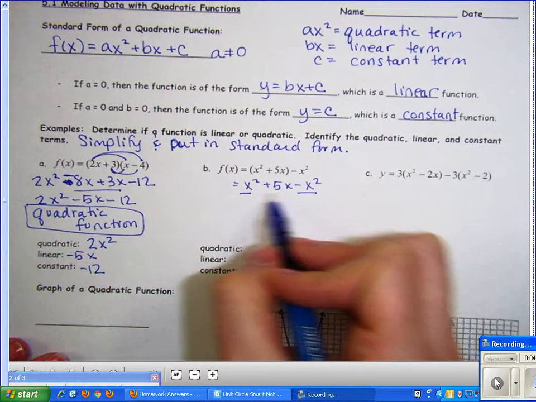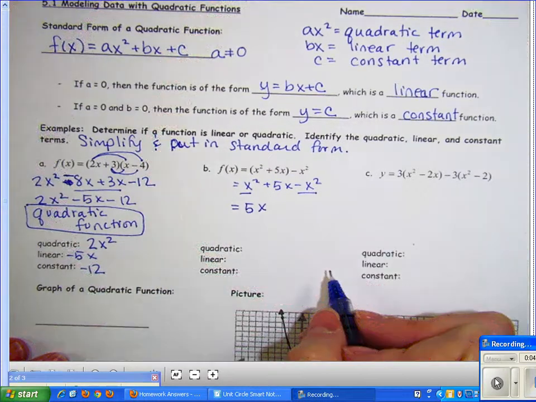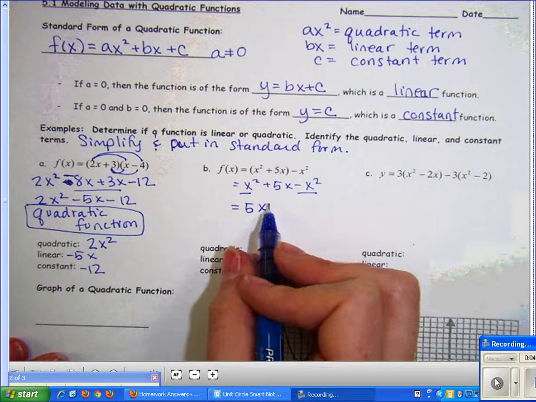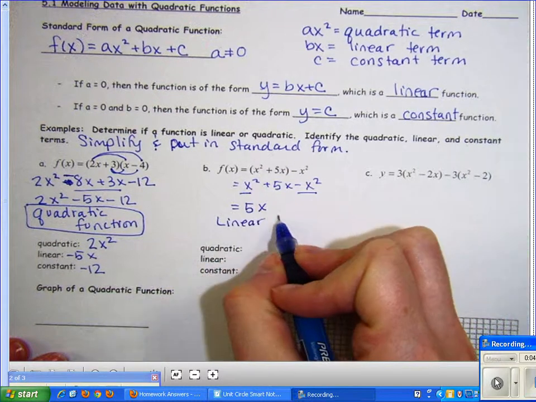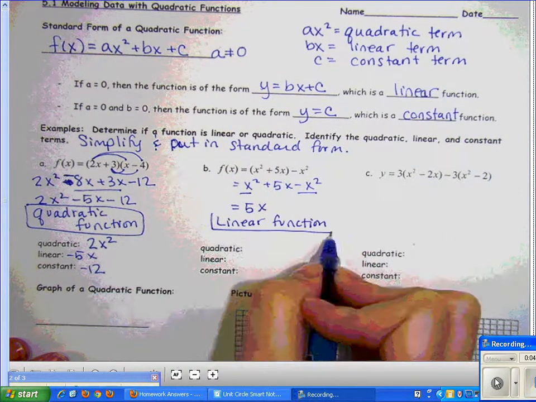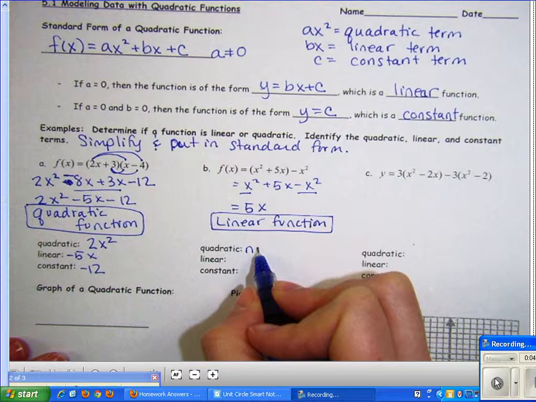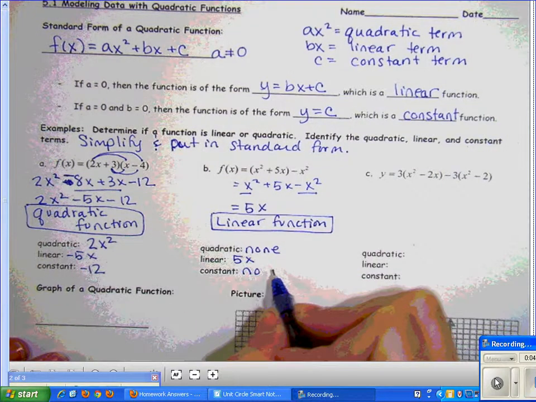Those cancel each other out, and you're left with just 5x. So this term right here is linear because x is to the first power. So this is a linear function because I don't have a quadratic term. So there is no quadratic term. My linear term is 5x, and I have no constant term as well.